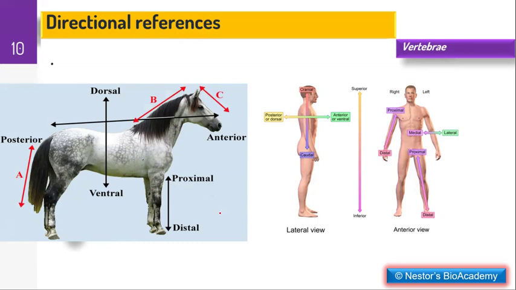You will always find us referring to terms like the proximal end or the distal end. What will these terms be referring to always? When we talk about the dorsal end of an organism or a structure, we are referring to the side observed from the back side of an organism.